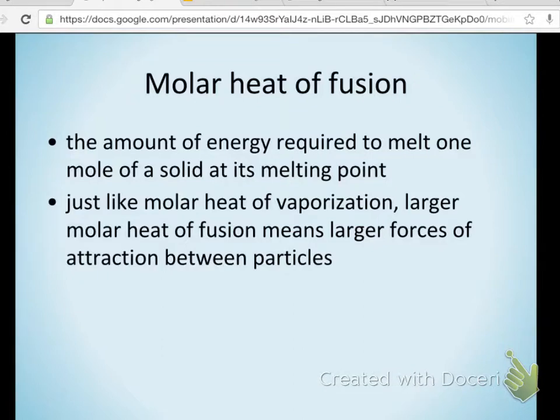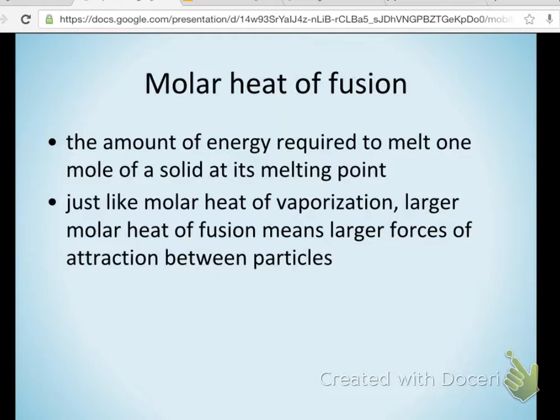The thing that I always find confusing and counterintuitive is that it's the amount of energy that we need to melt a mole of a solid. When you say fusion, I think going from liquid to solid, but it's not. It's actually the amount of energy required to go from a solid to a liquid for 1 mole. I just think they named it badly, but I wasn't consulted. They didn't ask me. Same for molar heat of vaporization.